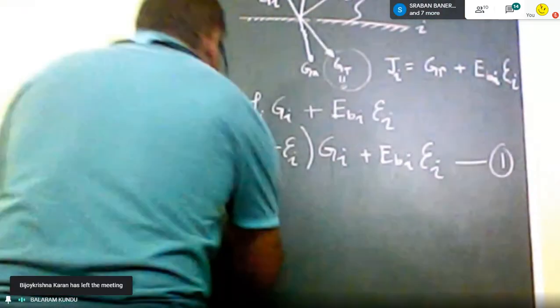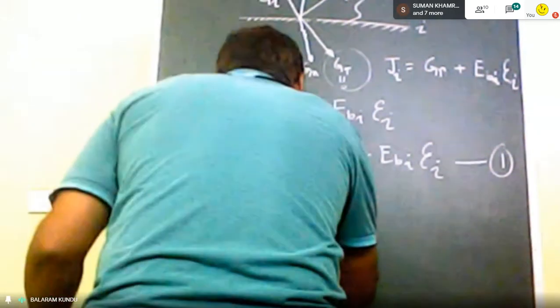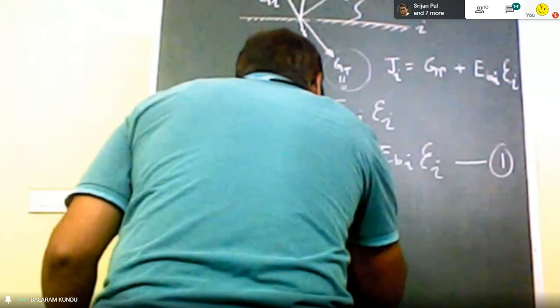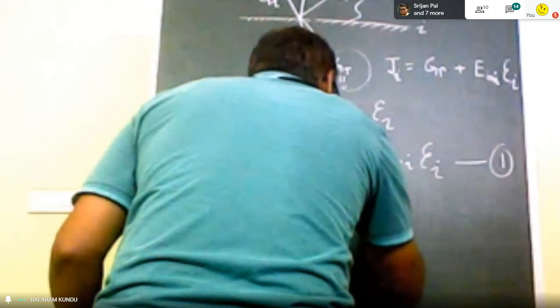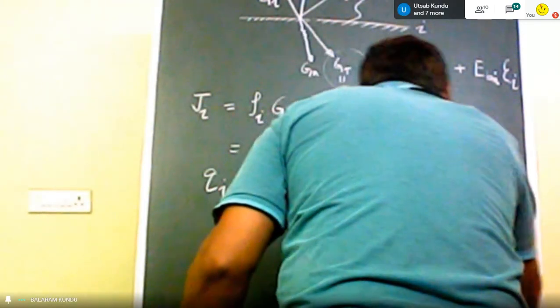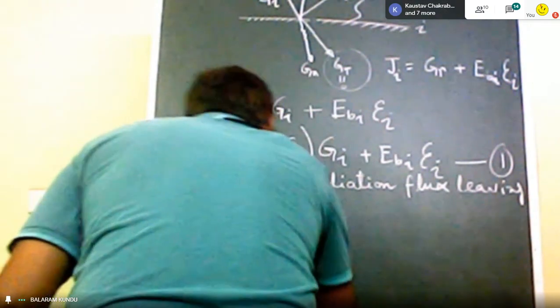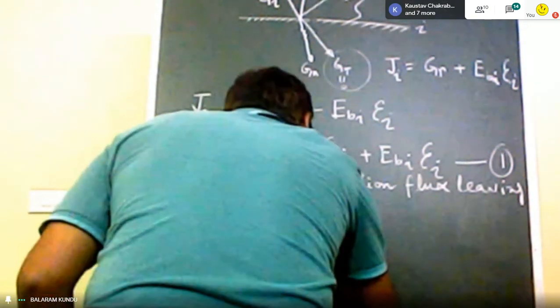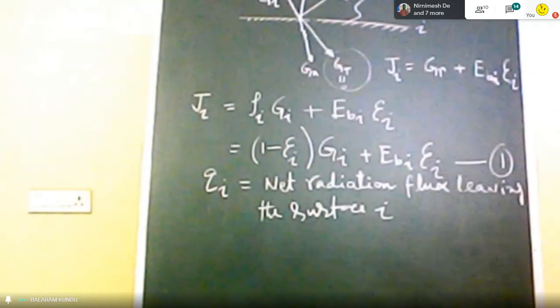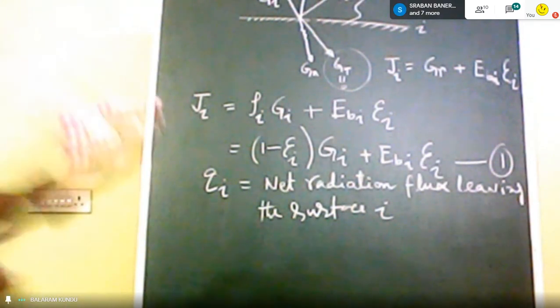Qi, that is net radiation flux leaving the surface I. So that means net radiation flux leaving the surface I, that is Qi.